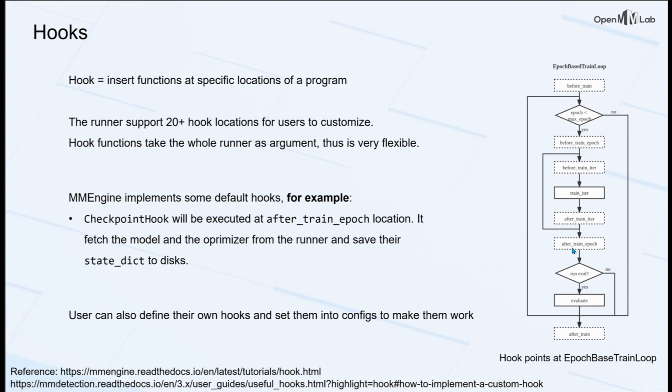This hook will fetch the model and the optimizer from the runner, because it can take the runner as the argument, and save their state dicts to the disk as a checkpoint. Of course, users can also define their own hook functions and set them into the config files to make them work.